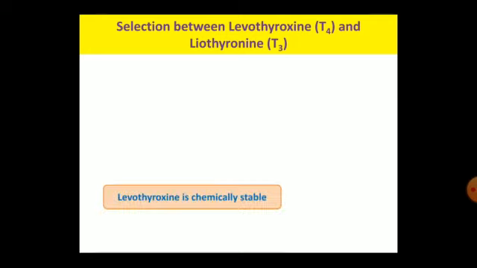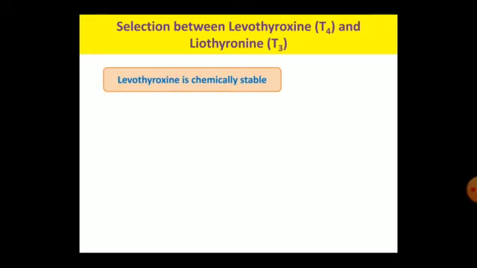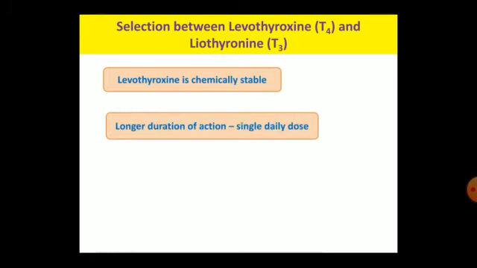First and foremost, levothyroxine is chemically more stable. Second, it is tightly bound to plasma protein, and that's why it has a longer duration of action, and hence a single daily dose is sufficient. As compared to liothyronine, which has a very short duration of action, frequent daily dosages are required.